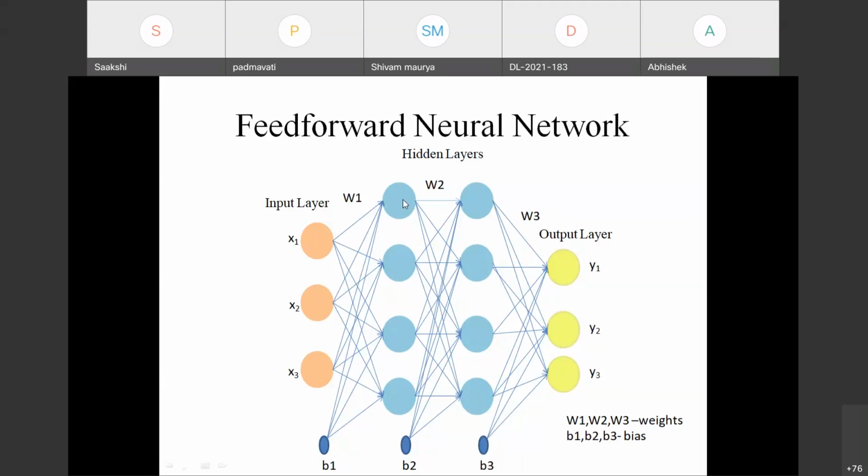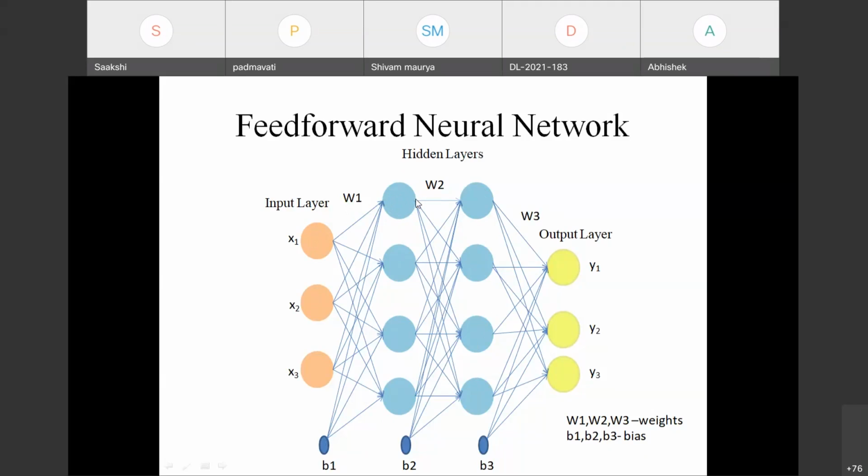In the previous example, I asked you to imagine only one neuron, which computes some functionality f, given the input x1, w1 and b1. So f computes f of w1 into x1 plus b.